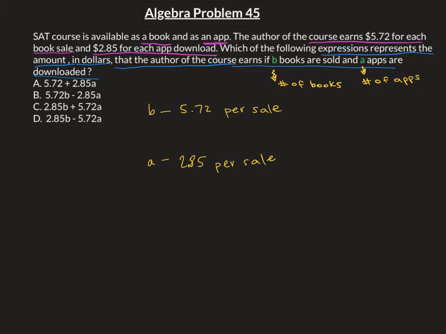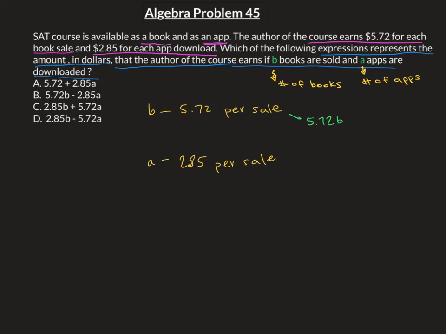Now, our next thing that we have to do is make sense of the variables it's giving us. If B is the number of books and A is the number of apps, that means for each book sale, he earns $5.72. So if we do $5.72 times B, that would be a correct statement, because B is the number of books.